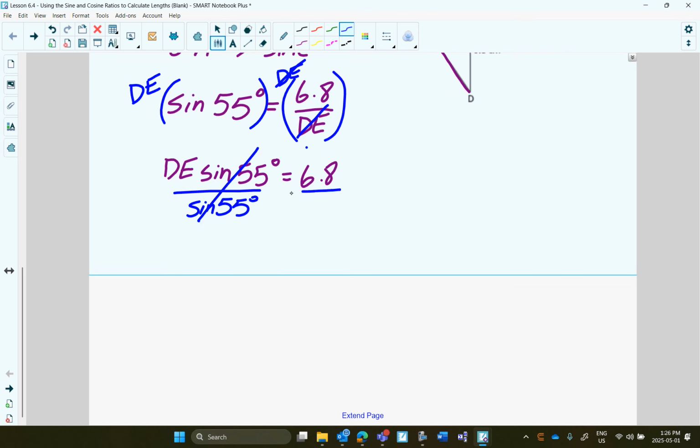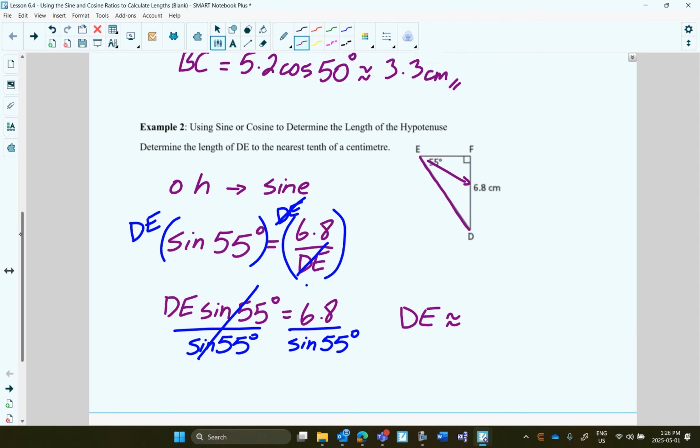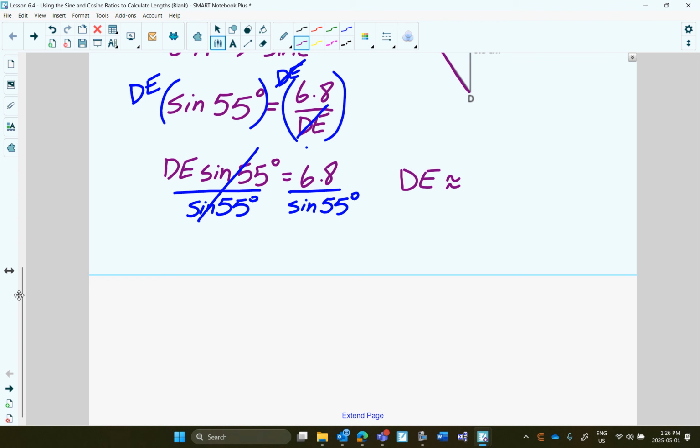Which means divide this side by sine 55 degrees. That's going to tell me what DE is. Now I'm ready to use my calculator. 6.8 divided by sine 55 and round it again to the nearest tenth. 8.3. And was it centimeters? Yeah. Okay.